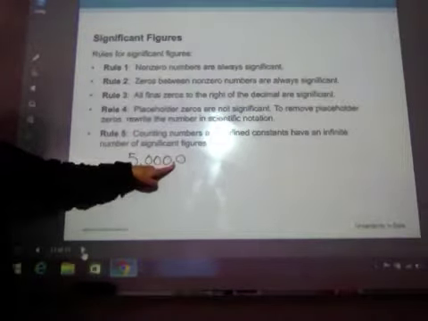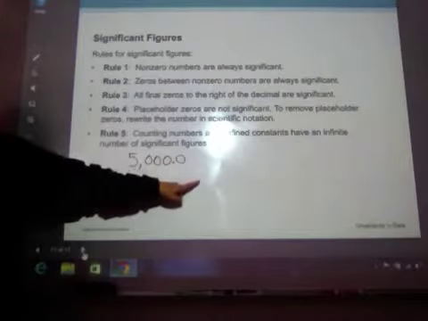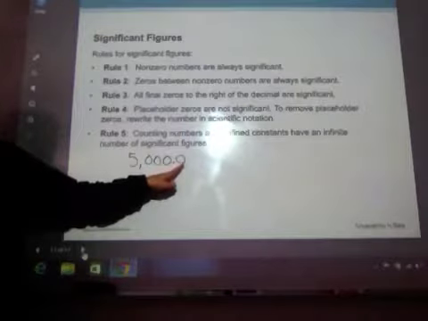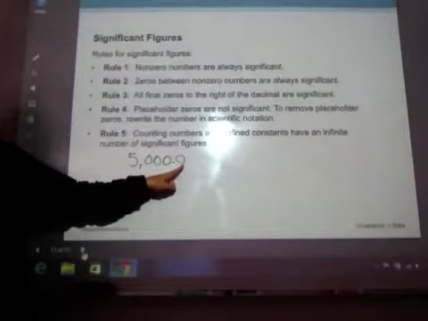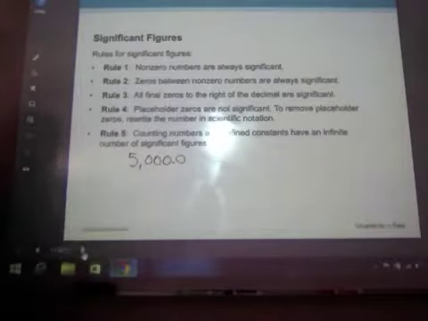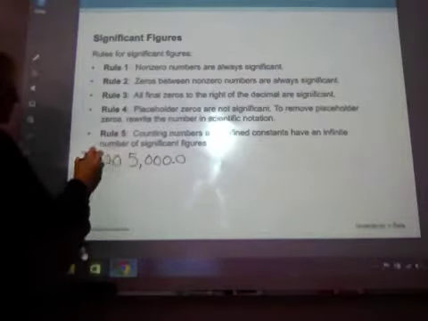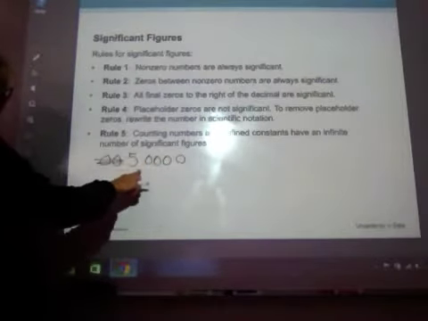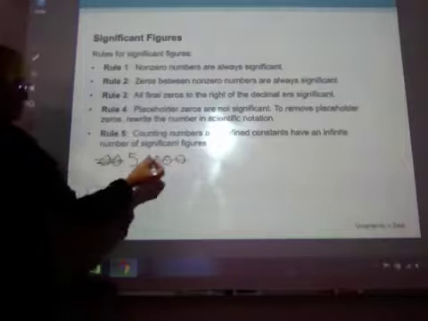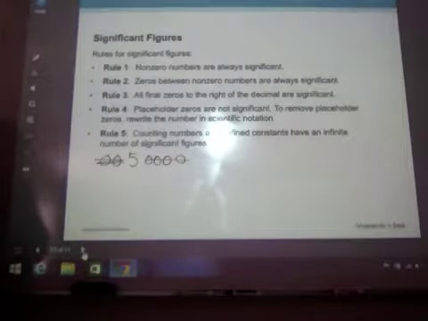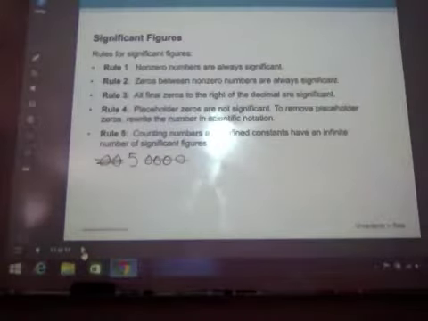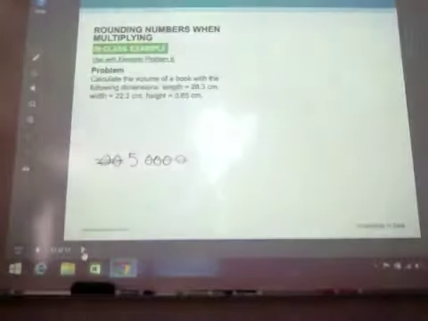It has a decimal, so everything counts. So I've got 1, 2, 3, 4, 5 significant digits. So there's only 2 times the zeros don't count: if they are a placeholder in the front, and if they are at the back when there's no decimal. And that is the brunt of significant figures.